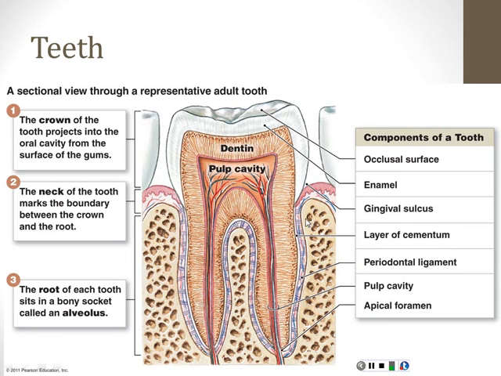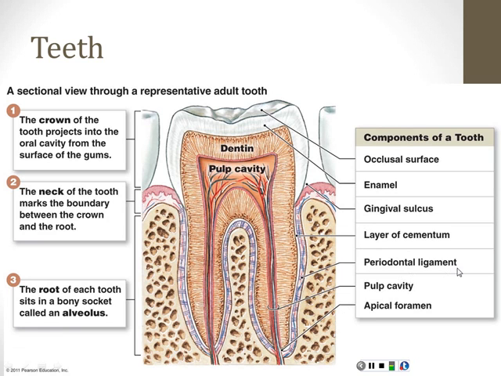And the roots have many small, tough strings that attach the tooth to the bone, right? And then reinforcing those strings is a substance called cementum. Very clever name, right? Because it cements the teeth into the jaw. So those strings that hold it in place, those are called periodontal ligaments.